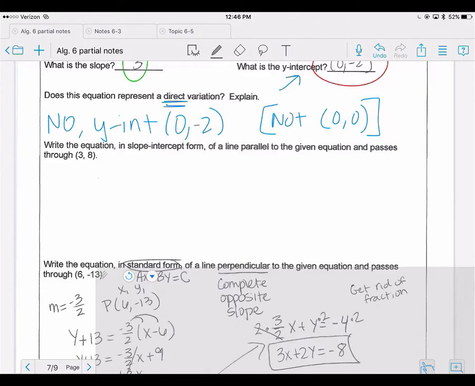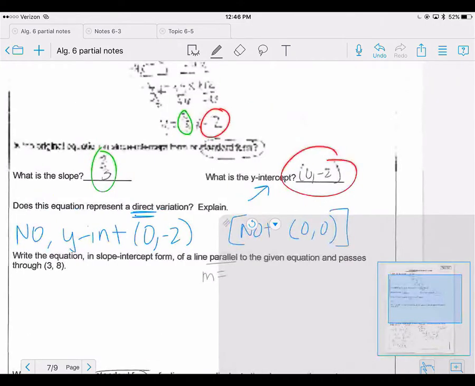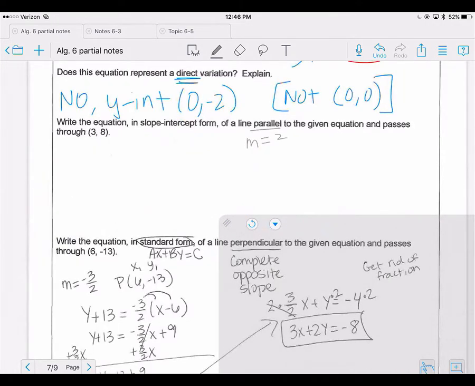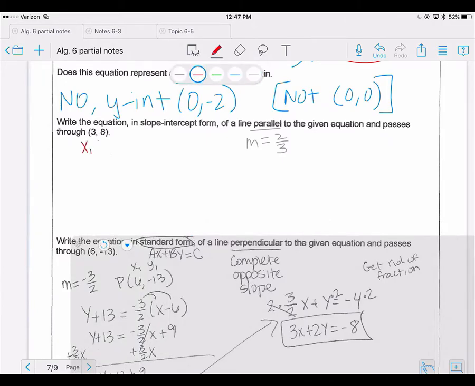They ask us to write an equation in slope-intercept form of a line parallel to the given equation that passes through the point 3,8. So parallel, we remember that my slope will be the same. My slope was 2/3, so it will stay 2/3. The point 3,8 is my new x1, y1 because I have a point and a slope.